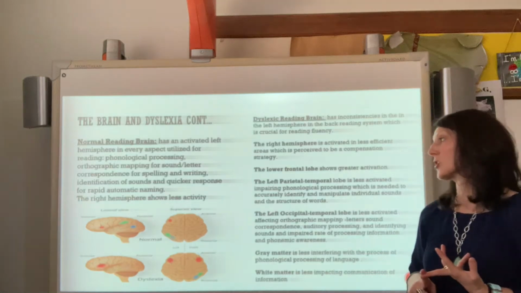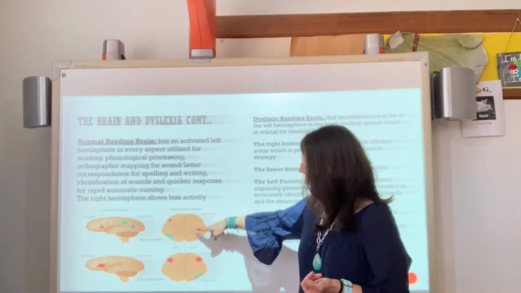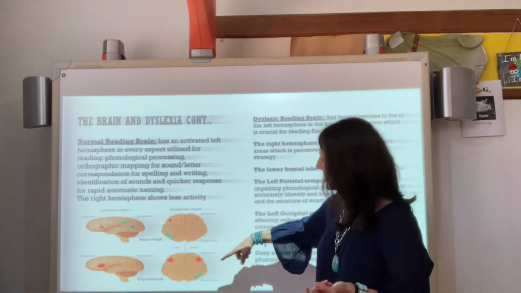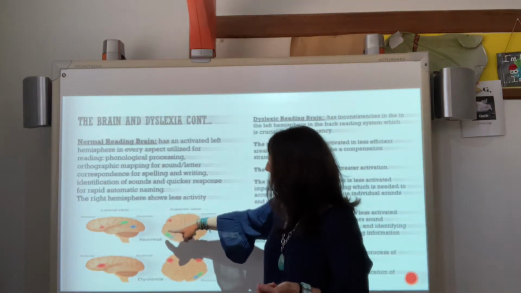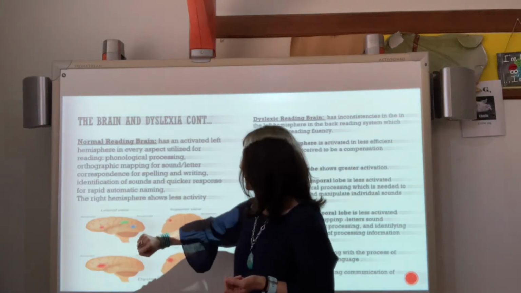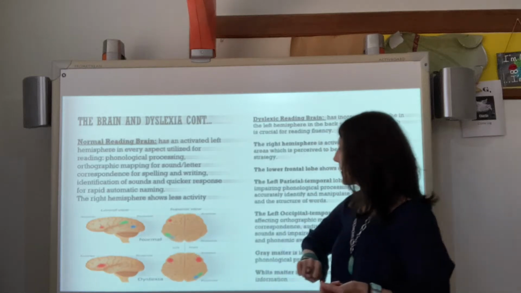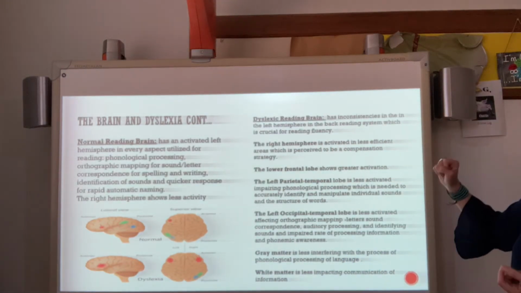The right hemisphere shows less activity. There's basically not even any activity over here on the right side of the brain. You can see where the left side of the brain is firing, the frontal lobe, temporal lobe, and the occipital lobe. So then we get to the dyslexic brain.